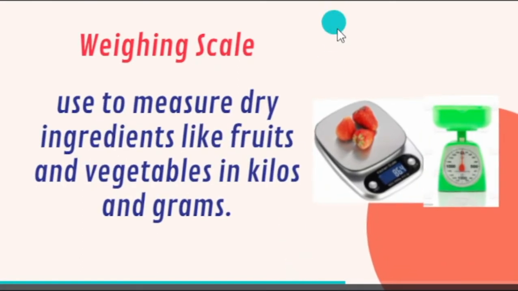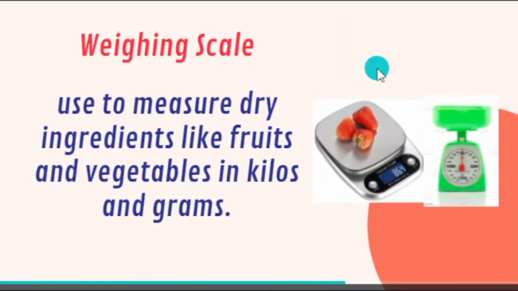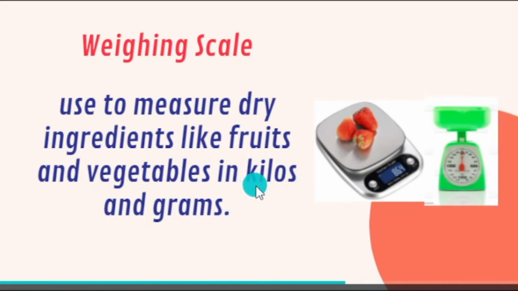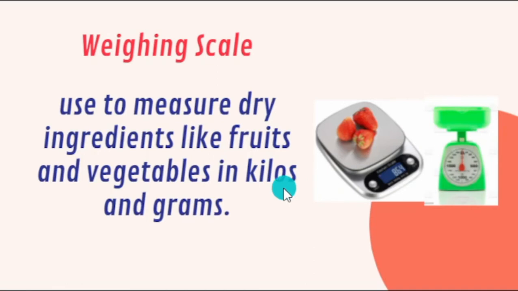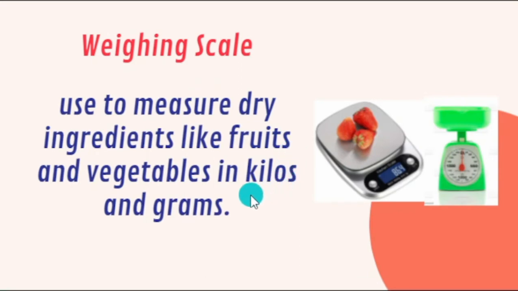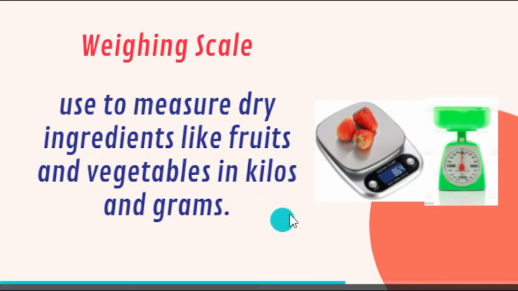Moving on, we also measure dry ingredients like fruits and vegetables in kilos and grams. Just like what we have learned a while ago, K stands for kilos and G stands for grams. Here, when we see units such as kilos and grams, we're talking about weight.